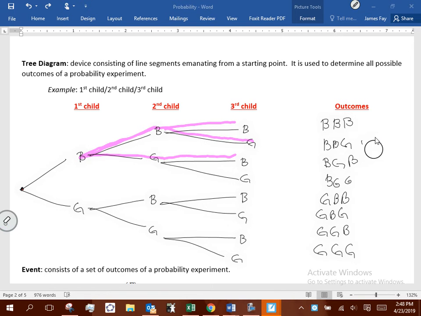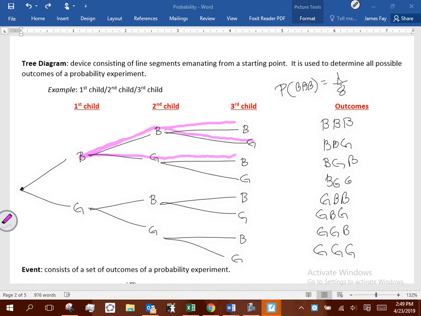All right. So, how many outcomes we got here? 8. We got 8 outcomes. Makes sense. 2 times 2 times 2, right? Yep. Now, the question they will ask then is what is the probability that you have all boys? 1 out of 8. Okay? Now, I could have known that 8 without the tree, correct? Yeah.